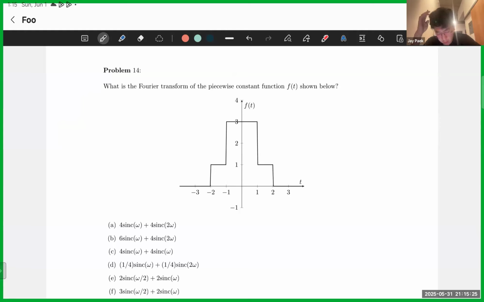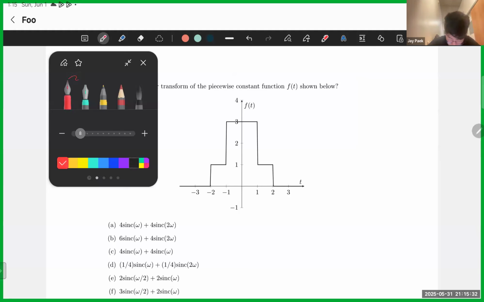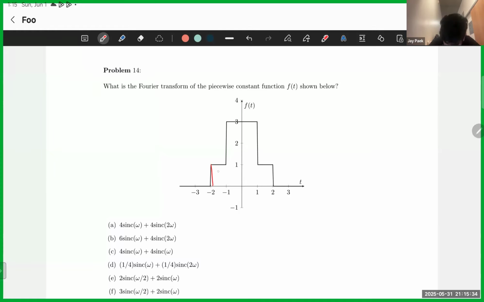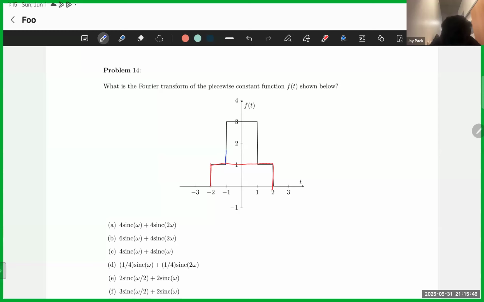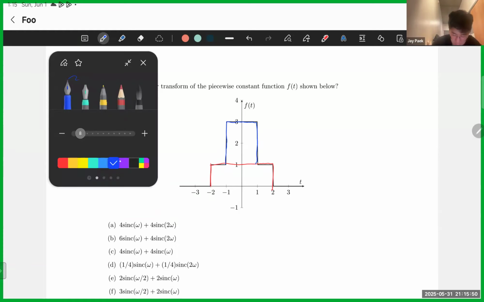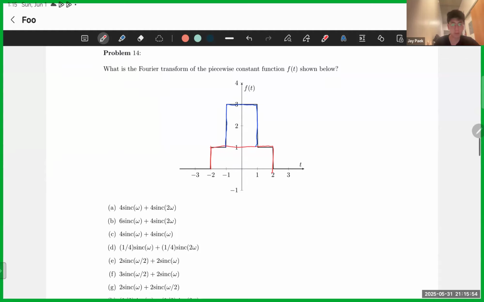What is the Fourier transform of the piecewise constant function f of t shown below? For this question, I want to clearly see that it's just a rect function plus another rect function. And so it suffices to figure out the Fourier transform of each.